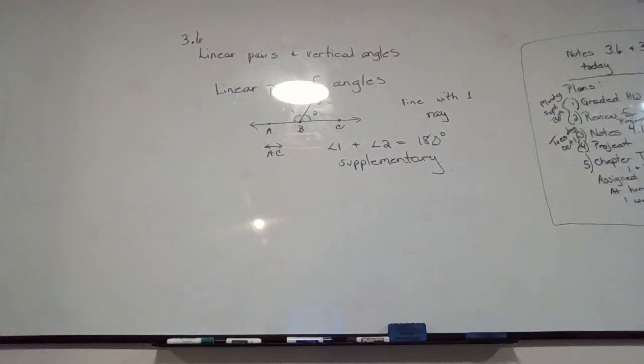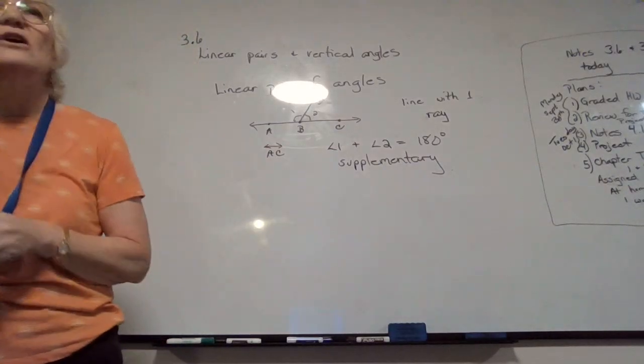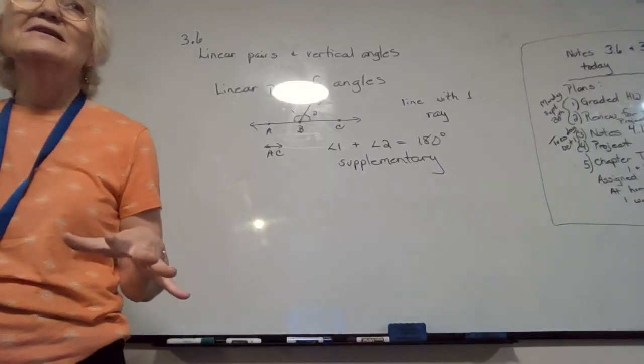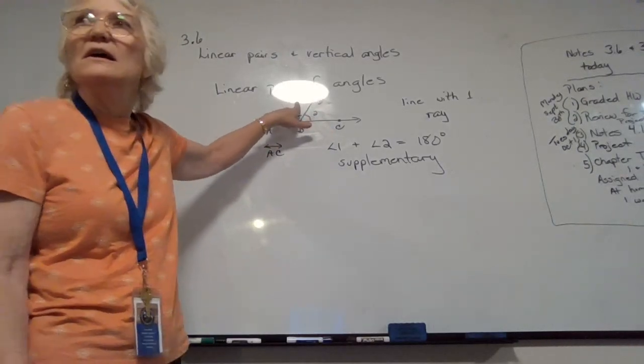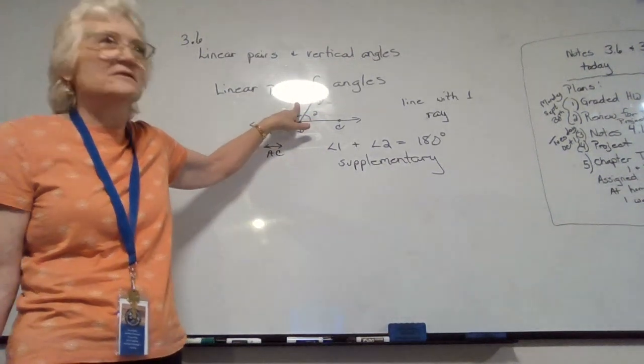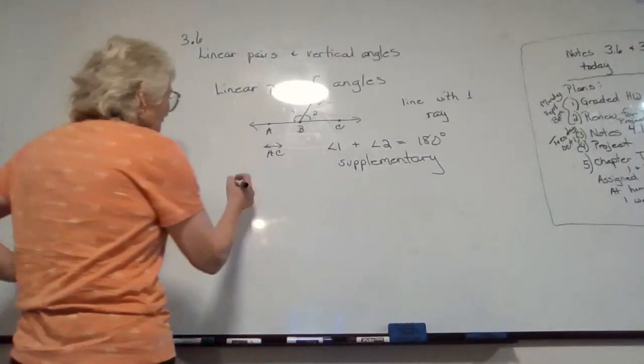So if the two add up to 180, they're called supplementary angles. That was what we talked about yesterday. So that's a linear pair of angles. We see those all over the place. If I knew what angle 2 is, I could find what angle 1 is by subtracting.